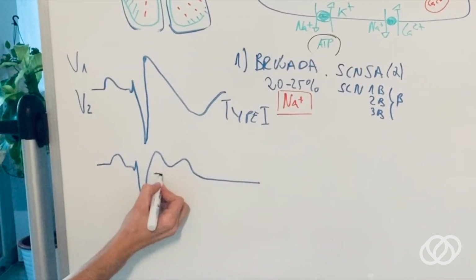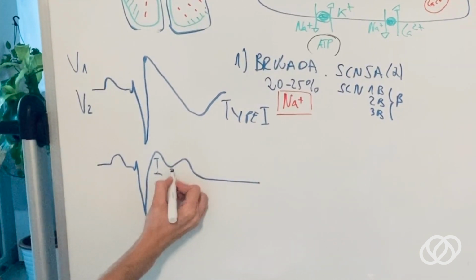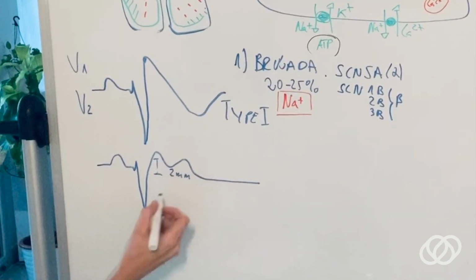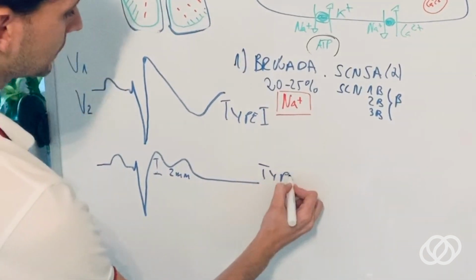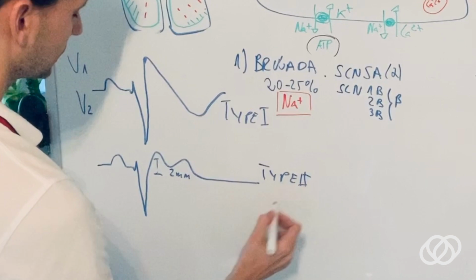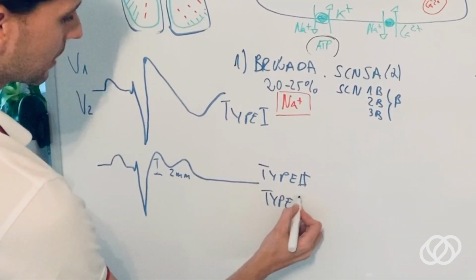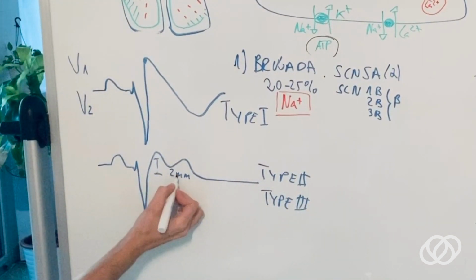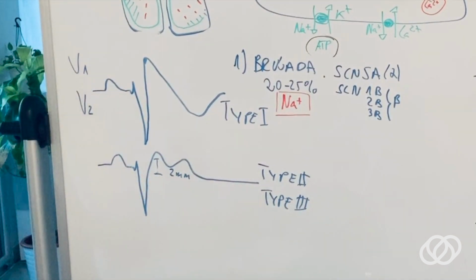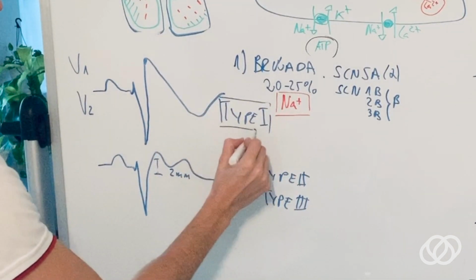We need at least 2 millimeters in height here to be diagnostic. And then it will be type 2. And then we could also have type 3, in case we have this similar shape but with less than 2 millimeters. The only diagnostic one is type 1.